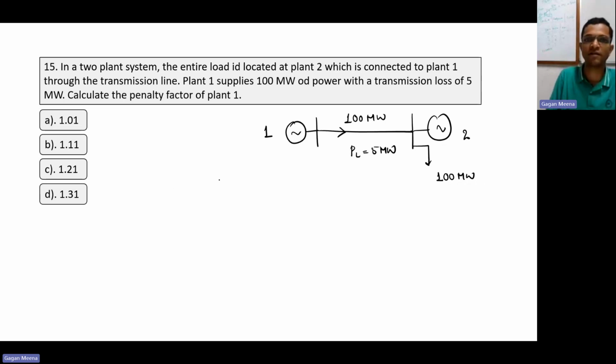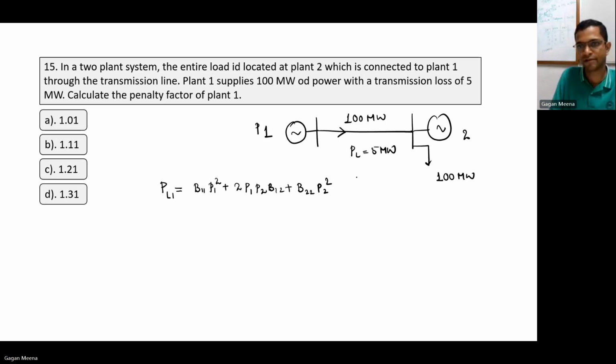Now we have to calculate the penalty factor of plant 1. The loss function for plant 1 will be B11 P1 square plus, in general, B22 into P2 square.